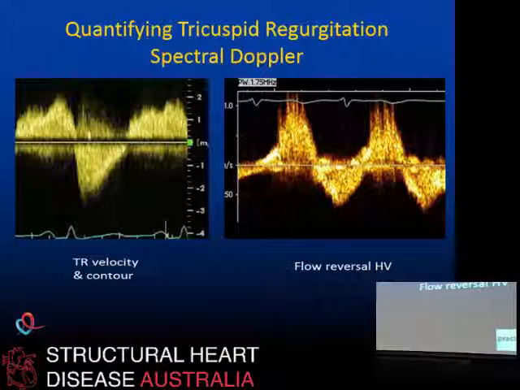Pulse wave Doppler of the hepatic veins and inferior vena cava can also give clues to the severity of tricuspid regurgitation. With moderate tricuspid regurgitation, blunting of the systolic flow wave may occur, and in severe tricuspid regurgitation, systolic flow reversal is seen, analogous to pulmonary venous flow reversal in the case of mitral regurgitation.